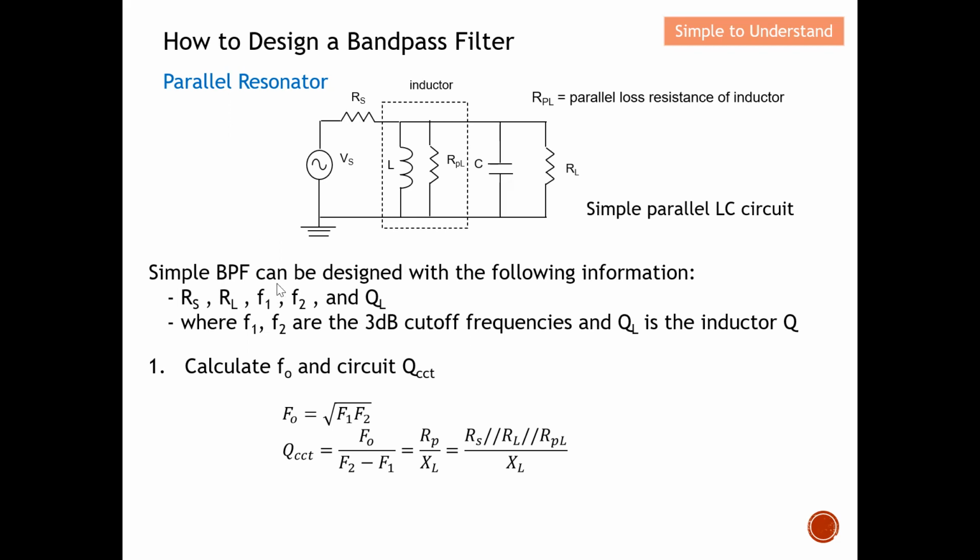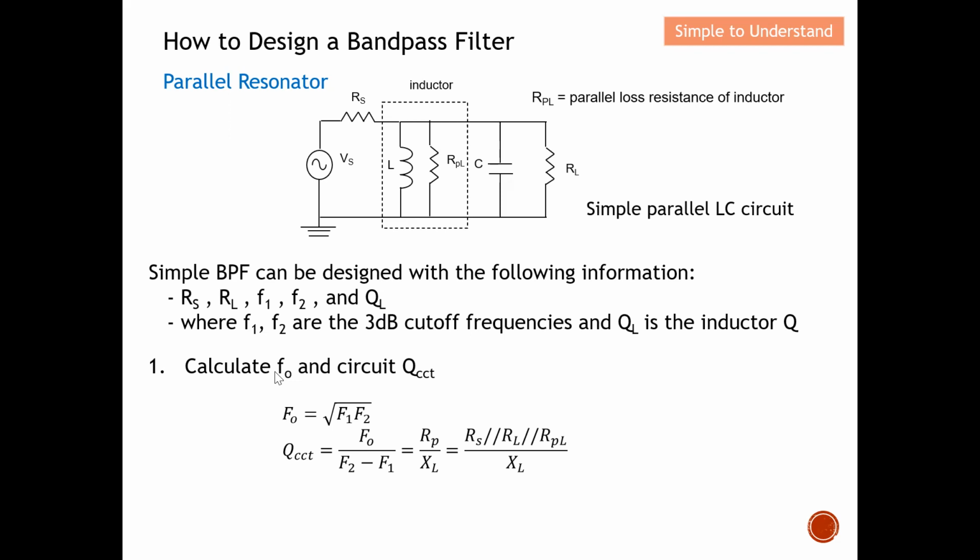Last but not least, we need the component Q of the inductor. When we purchase an inductor, we can find the component Q from the data sheet. This is what is meant by component Q.